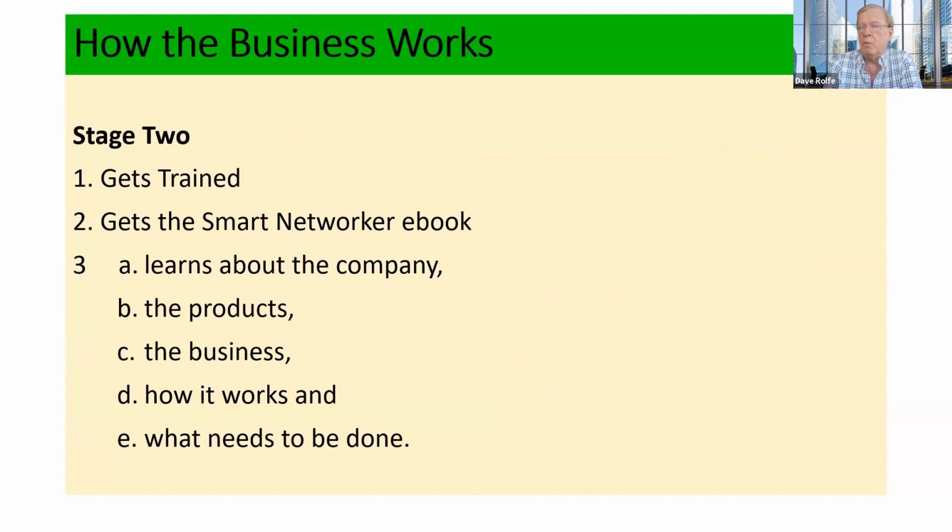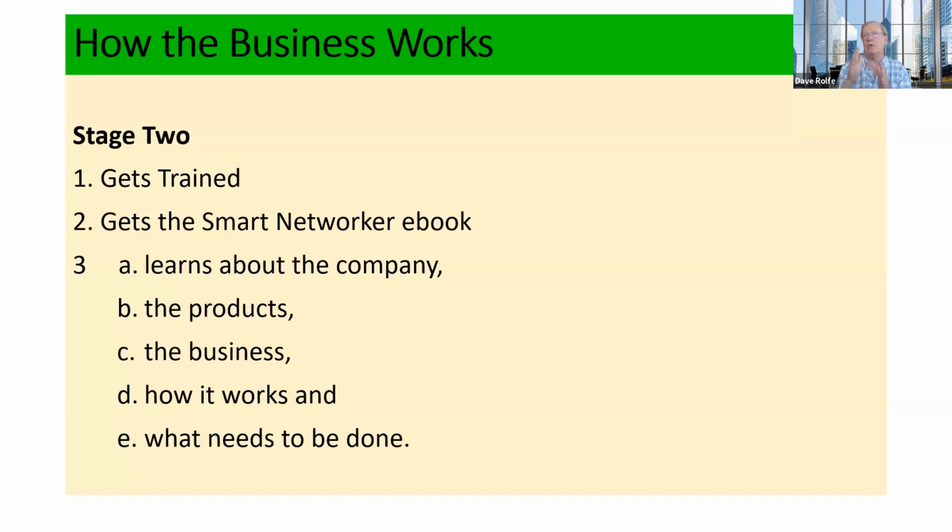Now, once the person has made a decision that they want to become a distributor, and you've gone through the sign-up process, and you've got them to get a waterfall, the next part is knowledge, education, training. From my experience, it was this area that was crucial to what was going to happen next.